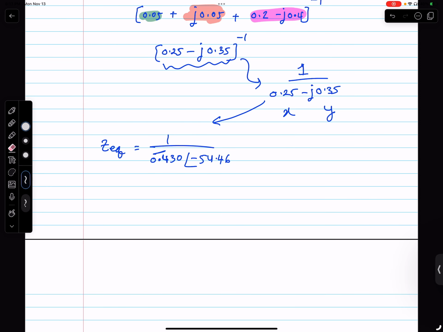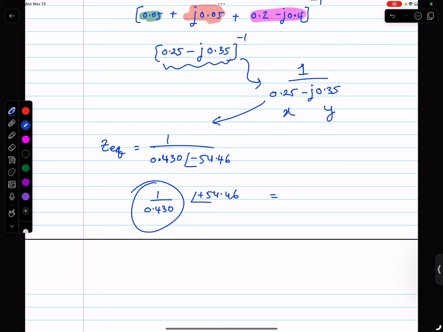Now take the inverse of it. In other words, if you do the division 1 over 0.430 angle positive 54.46, because when you're doing the division in polar form, you just have to do a subtraction. Negative of negative 54.46 becomes positive 54.46.